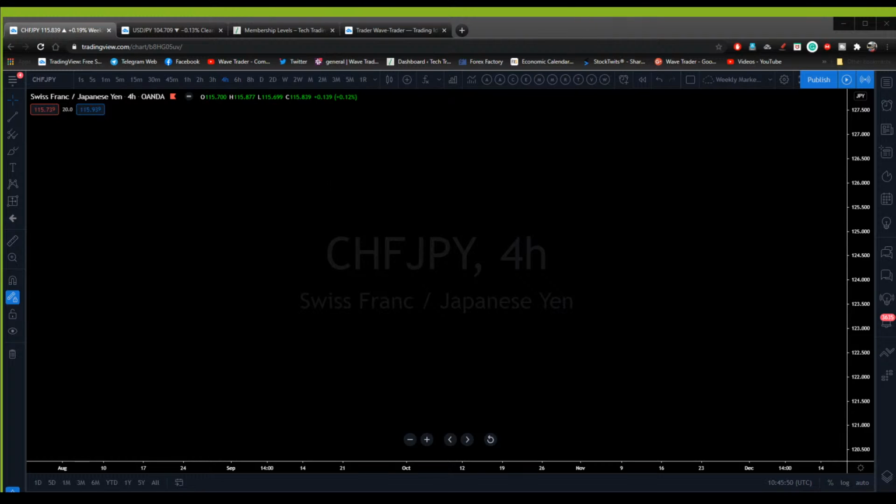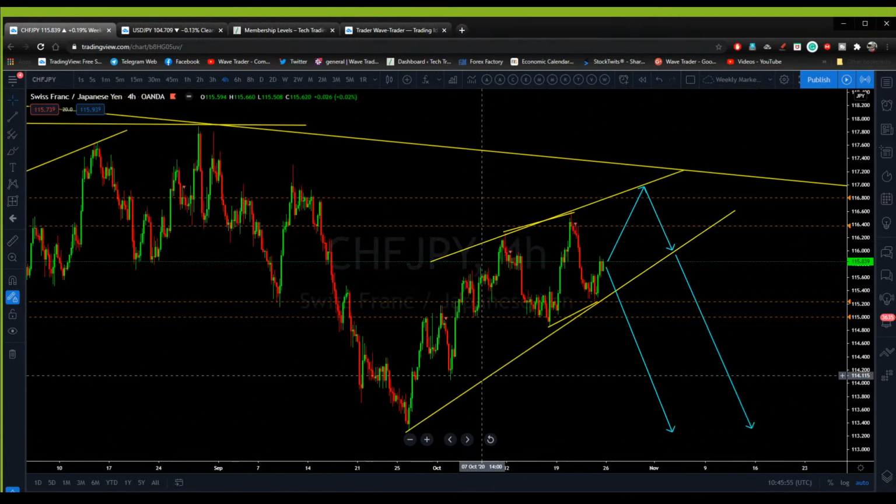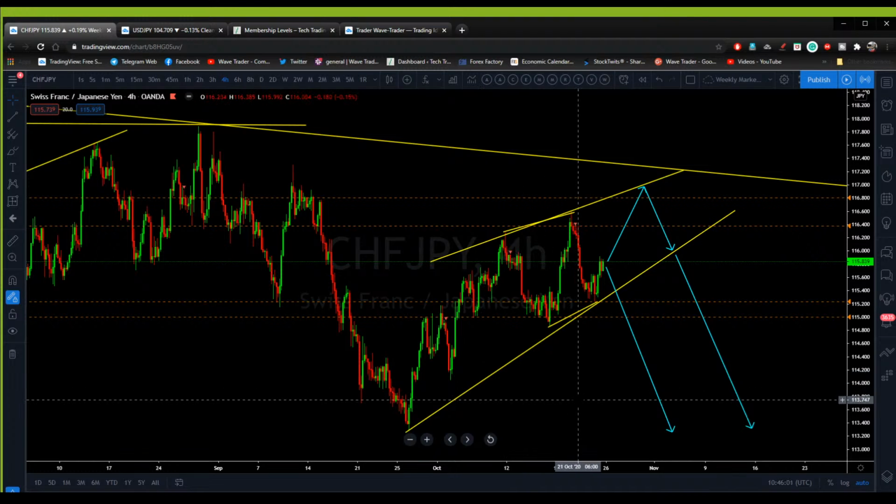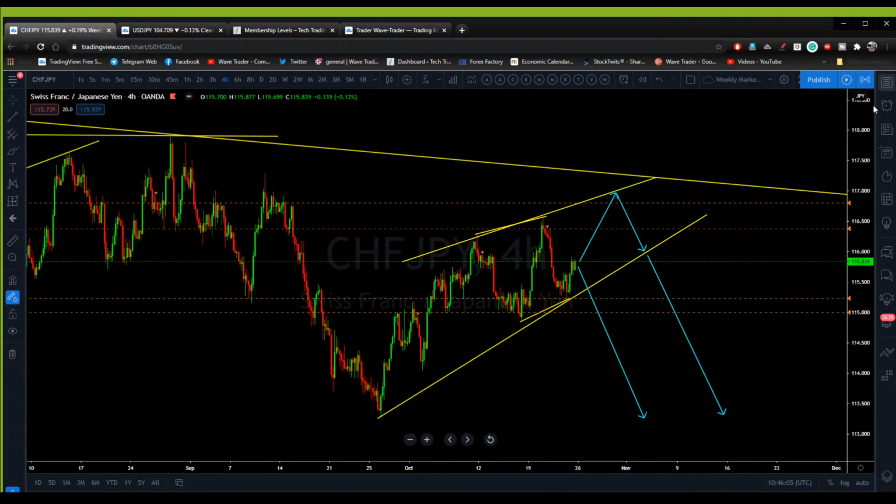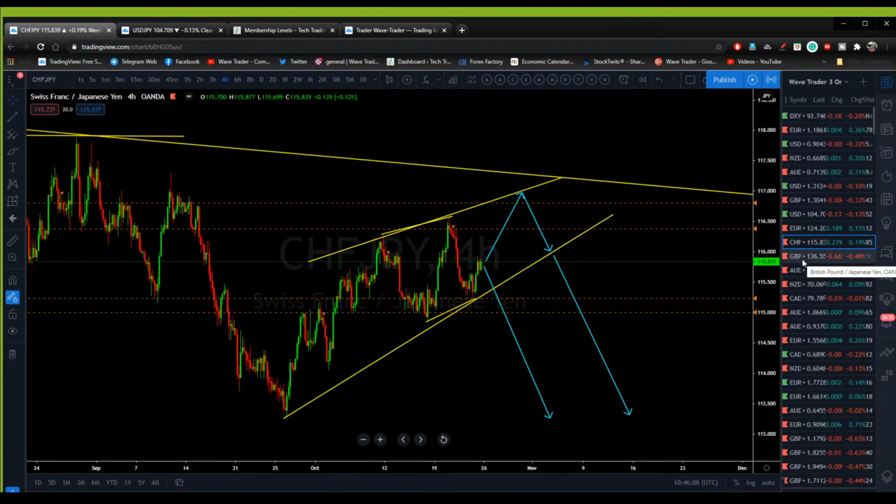The rest of the assets can drop. This correlation can change for the short to medium term, and then again the market can start to behave normally. So we can still see another leg higher on chief yen, the way I explained the euro yen chart, or our current price. Let me go to the lower time frame.